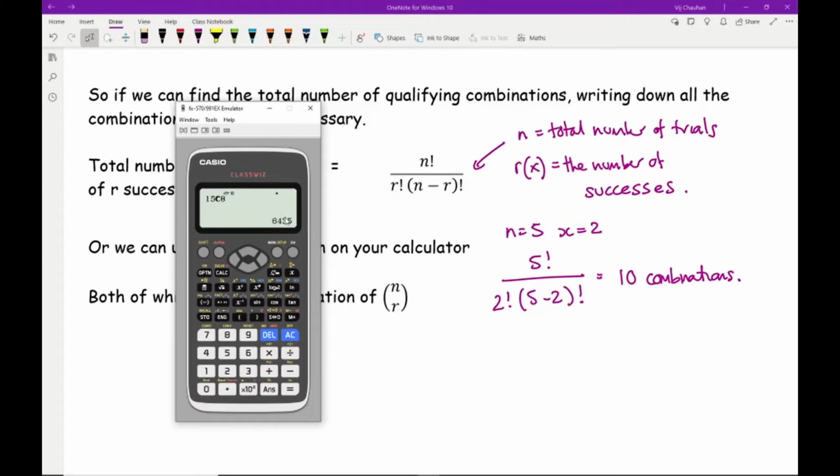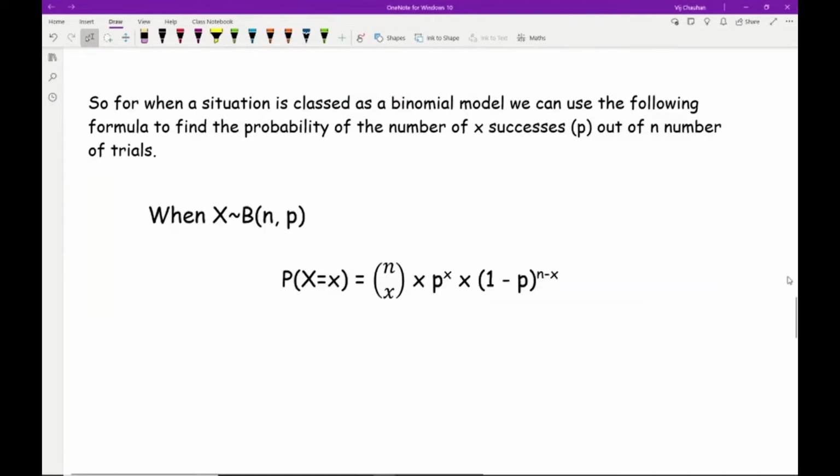So to summarize, when a situation is classed as being a binomial model, we can use the following formula to find the probability of x successes, with a probability of p, out of n total trials. When you are starting any binomial distribution question, it's really important you always start off by writing this.